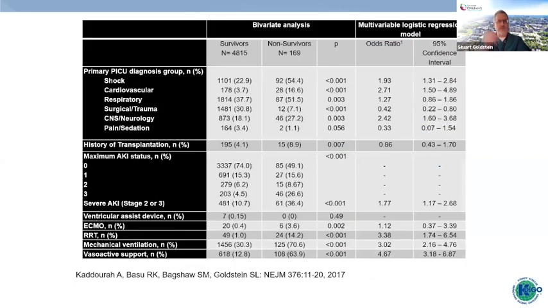We found that there were 16 different variables in univariate analysis that were associated with 28-day mortality. But importantly, severe AKI, so stage 2 or 3 AKI, was associated with mortality on bivariate analysis, whereas 36% of non-survivors had stage 2 or 3 AKI, whereas only 10% of survivors had stage 2 or 3 AKI.